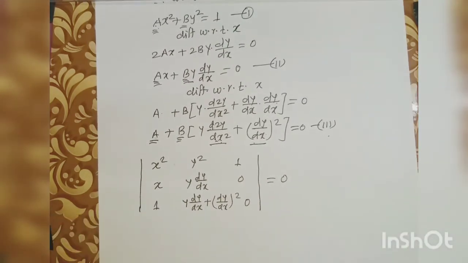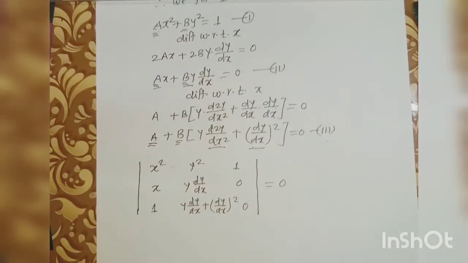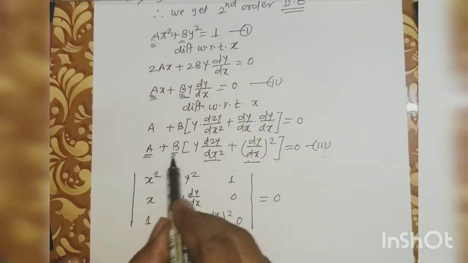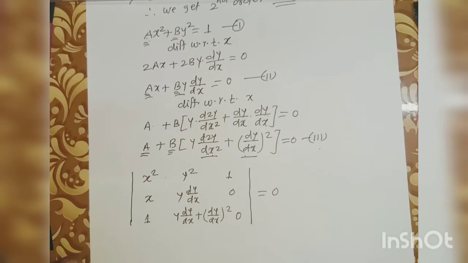This determinant is equal to 0 if these three equations are satisfied for the same values of a and b.